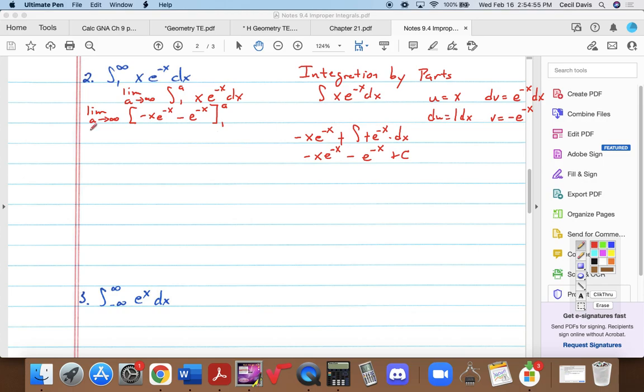So this will be the limit as a goes to infinity of negative a times e to the negative a minus e to the negative a, minus, substituting in 1, negative 1 over e minus 1 over e.